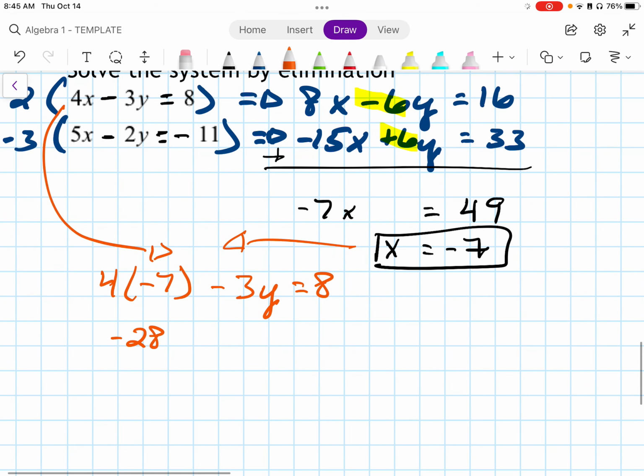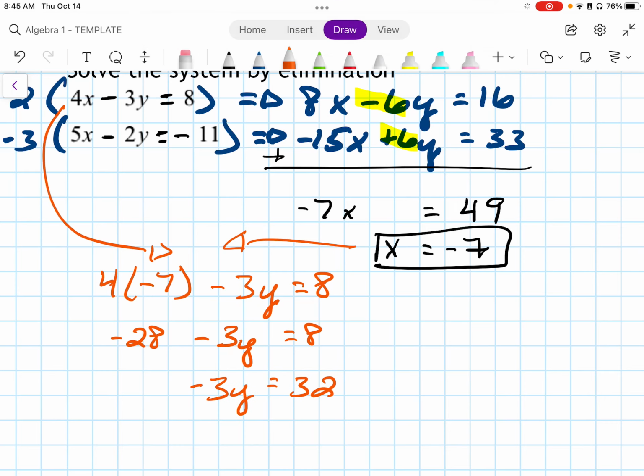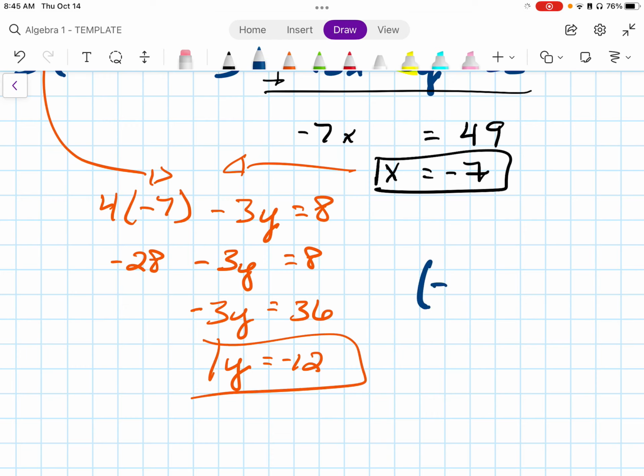Negative 28 minus 3y equals 8. If I add 28 over, I would have negative 3y equals 32, right? No, 36. And then dividing by negative 3, y would be, what would that be? 36 divided by negative 3? Negative 12, yeah, negative 12. There we are, and we can write this as a point. We'd have (negative 7, negative 12).